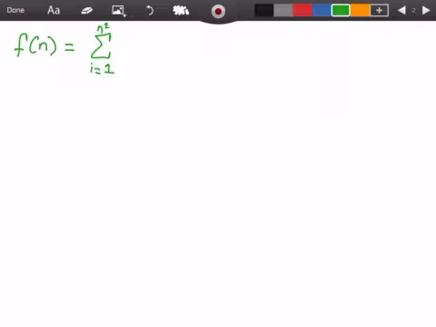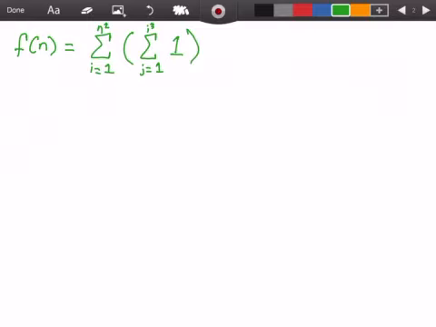Within that for loop, we have another for loop, so we're going to have another summation within this summation, and that inner for loop runs from j equals 1 all the way up to i times i, which is just i cubed. So this summation runs from j equals 1 to i cubed. And within that for loop, we have our statement y equals y plus 1, which runs a constant amount of time, so I'm going to put a 1 here for our constant.